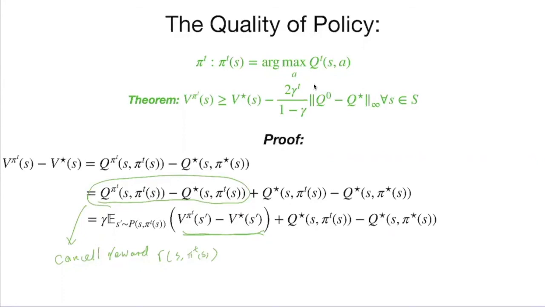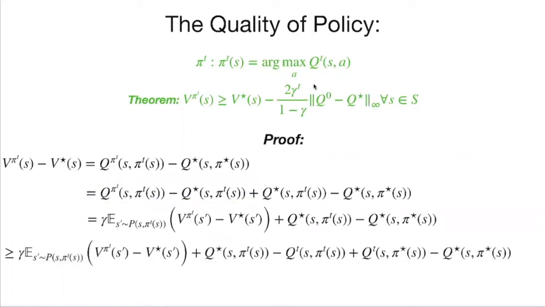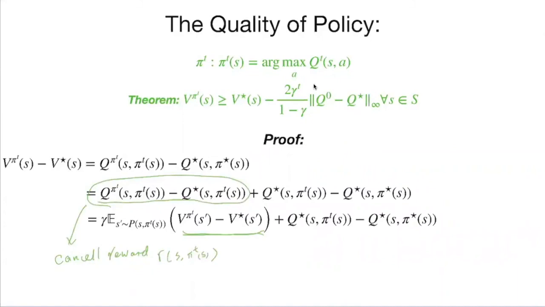Okay, but let's hold off on recursion for a second. Let's try to deal with the second term, the term that corresponded to 2 minus 3 from the previous slides. So now we are interested in this quantity, Q star at s, pi t of s minus Q star at s, pi star of s.